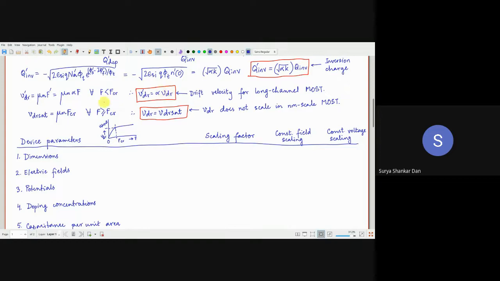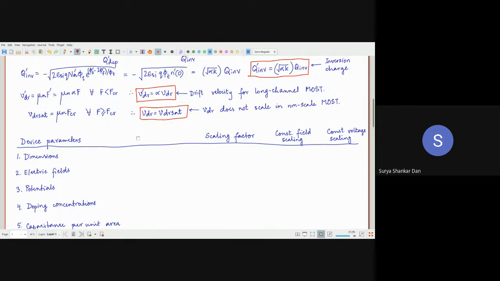Then what is the VDR sat? VDR sat is equal to mu n into the critical field, because beyond the critical field, what we observe is that the drift velocity simply saturates. So VDR is equal to VDR sat. So VDR does not scale in nanometer scale MOS transistors.